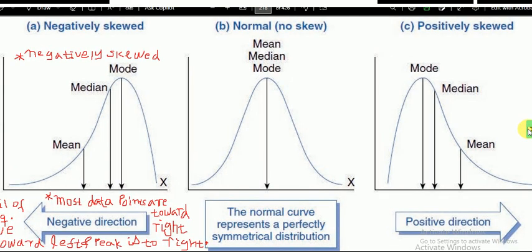Yes, the answer is B. Next, problem number 17: for a negatively skewed distribution, which of the following is true? Okay, measures of skewness.